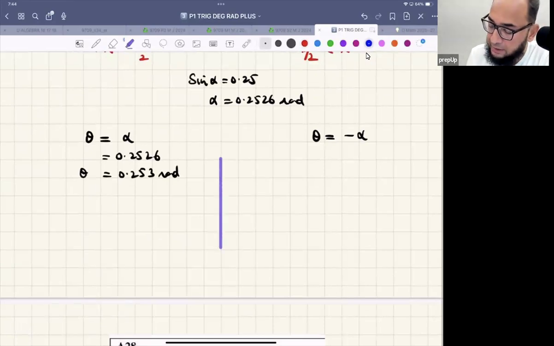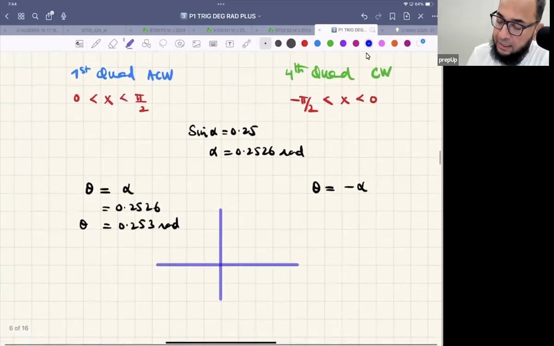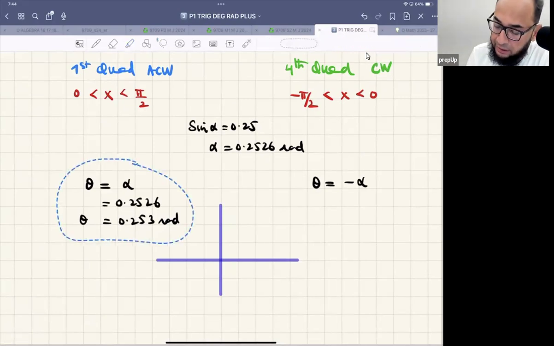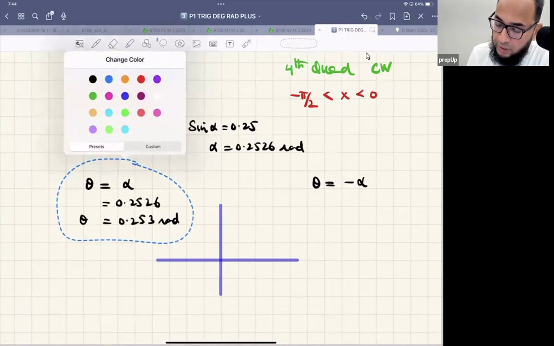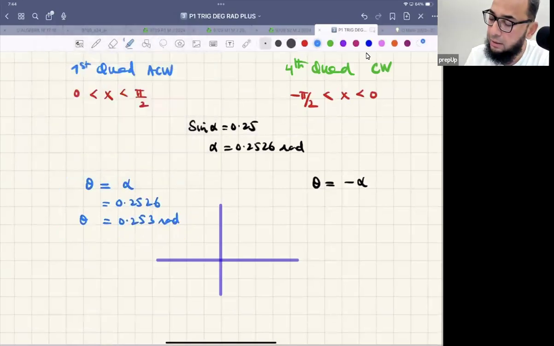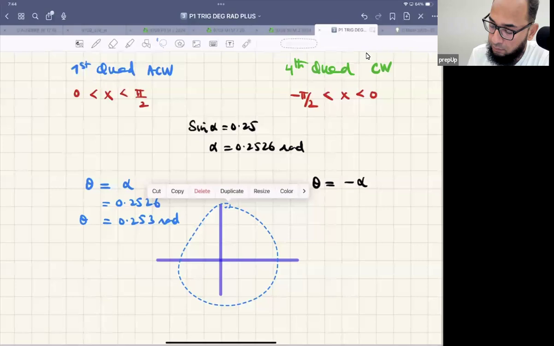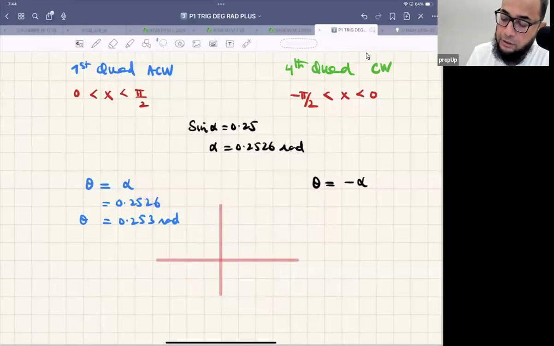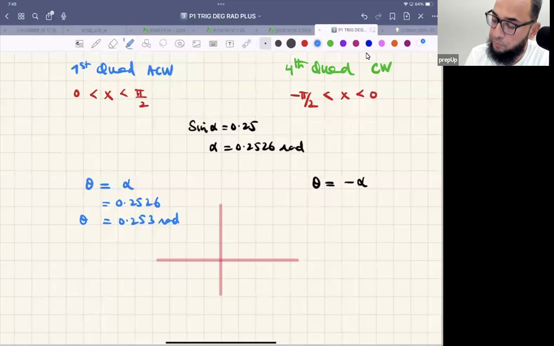This is the y-axis, this is the x-axis. In the first quadrant, the blue angle. So let me change this color to blue. We are looking for an anti-clockwise angle. If we are talking about the blue color, that is right over here.